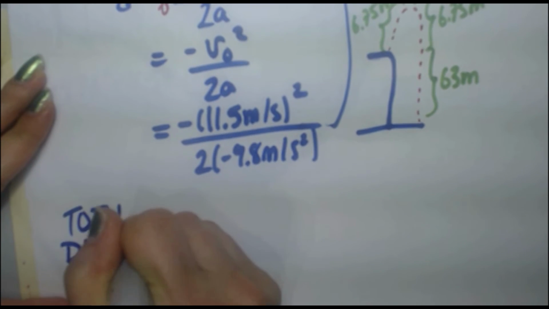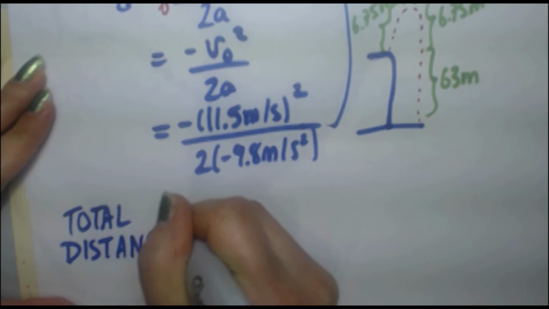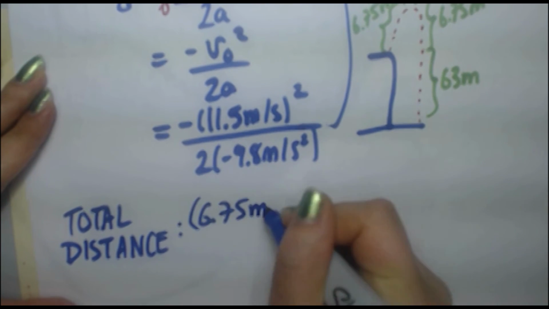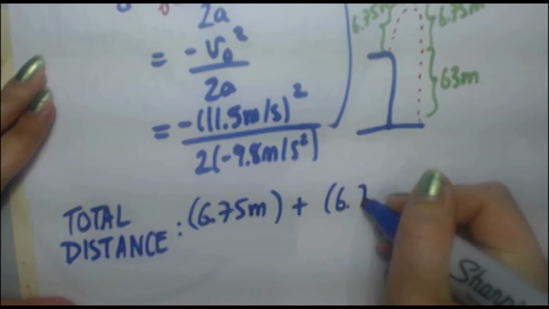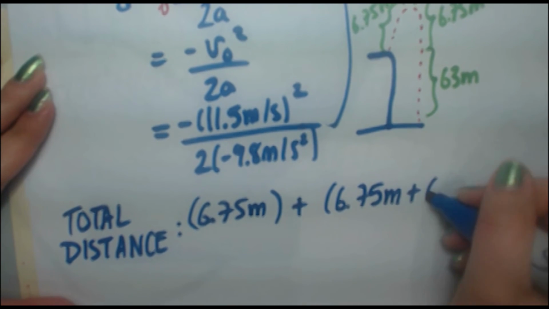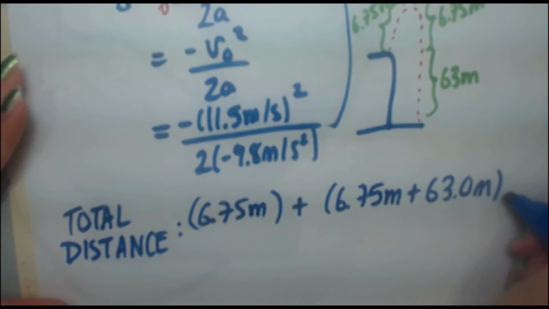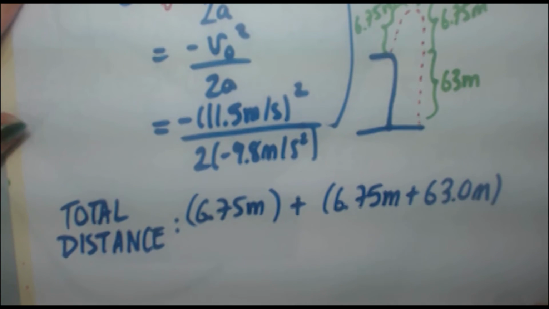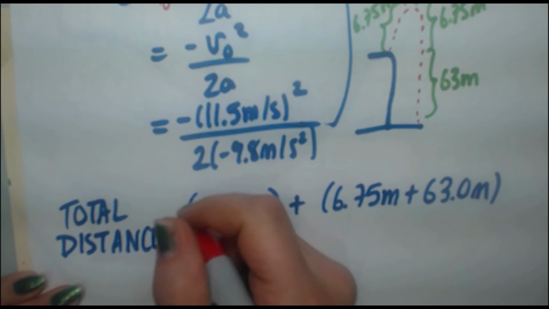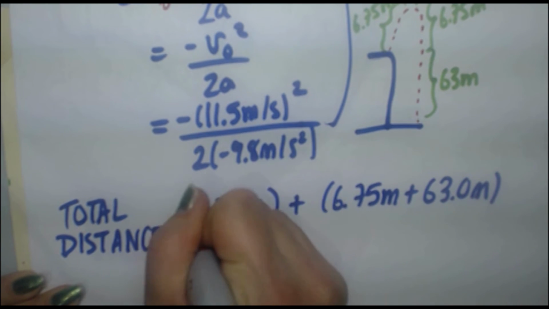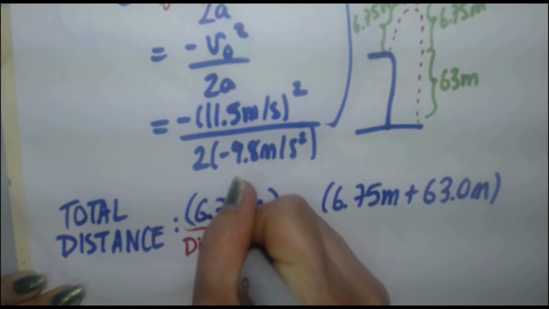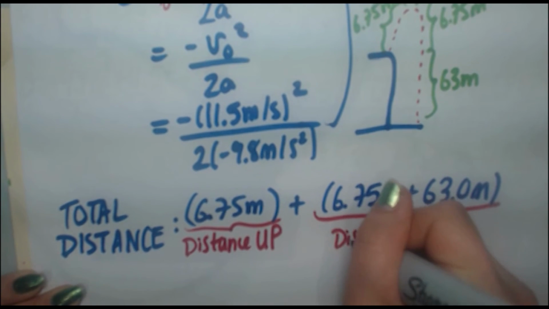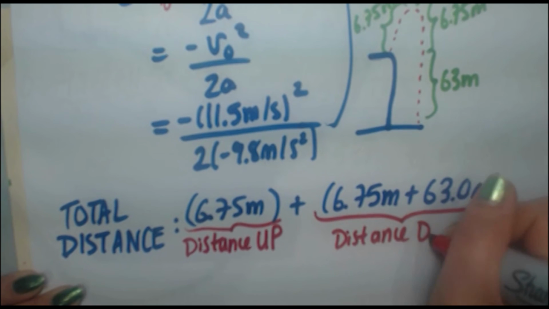So the total distance for the stone: 6.75 meters plus 6.75 meters plus 63 meters. Now you're probably wondering, why did she write it like that? I just did that to make it hopefully a bit more clear that this is the distance up and this is the distance down.